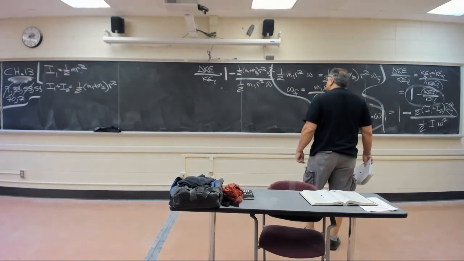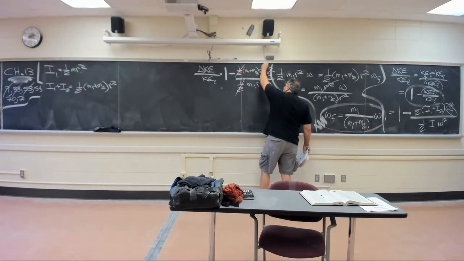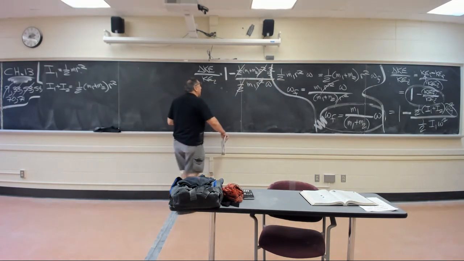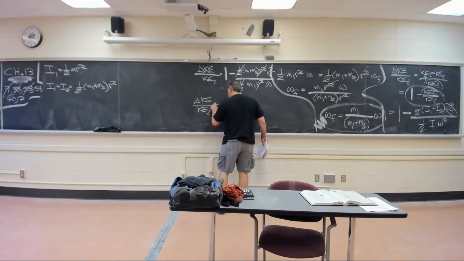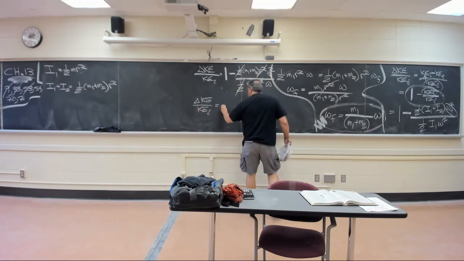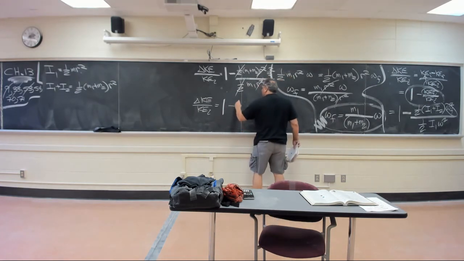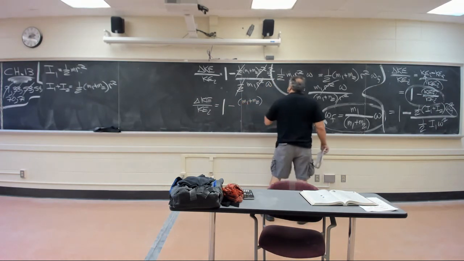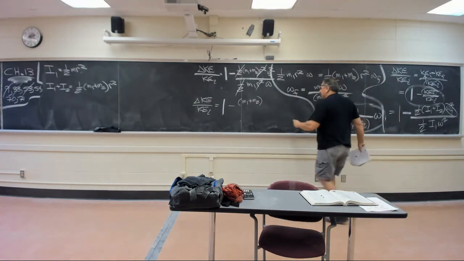You guys with me? The halves cancel. The r squareds cancel. Forgive me for going backwards here, guys, on this whole thing, but we got delta KE, one minus M1 plus M2 omega F squared. Yeah, here's omega F. Let's get down to business.